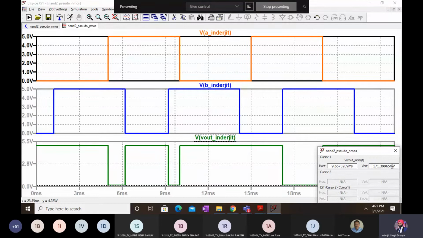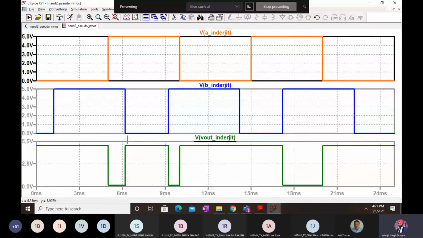Here we have 171 millivolts, and we cannot ignore it. That means VOL for this circuit is not 0. So kindly take note of this. Logic 1 you will get perfectly, but logic 0 you will get a little bit beyond the value of 0.